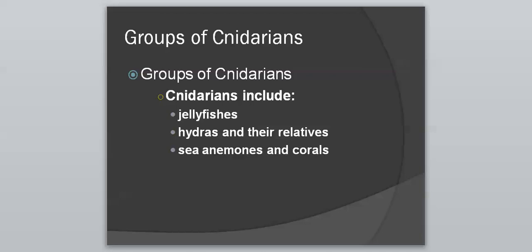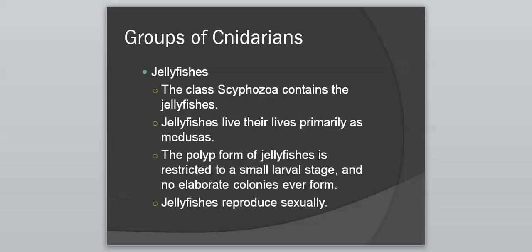So remember, the phylum is going to be known as Cnidaria, and then the classes are as follows. The first one is the jellyfishes, which we've probably mentioned the most, and this is the class Scyphozoa. They live their lives primarily as medusas, so they're more free-floating. They do have a polyp stage, where they're not moving, but it's not very dominant.